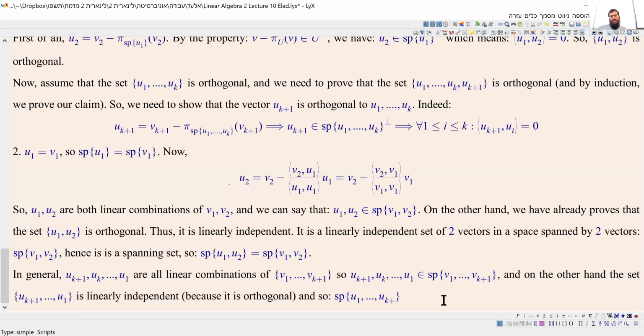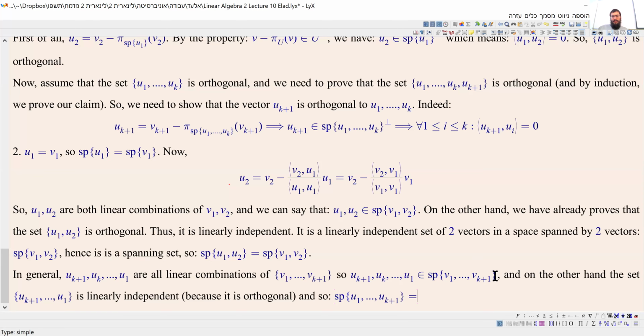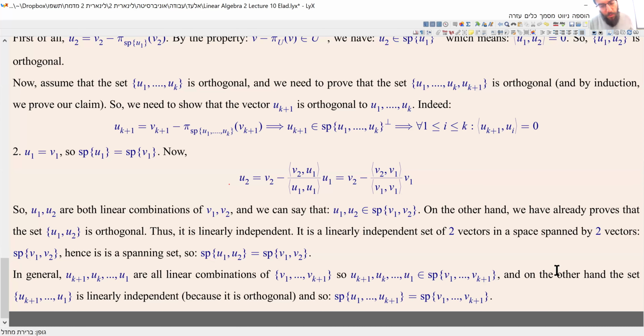So yet again, the subspace spanned by all the vectors U1 to Un is the same as the subspace spanned by the vectors V1 to Vn. For every step, it is true. The span of the k, or k plus 1, whatever, new vectors we've already found is the same as the span of the k vectors we already have.